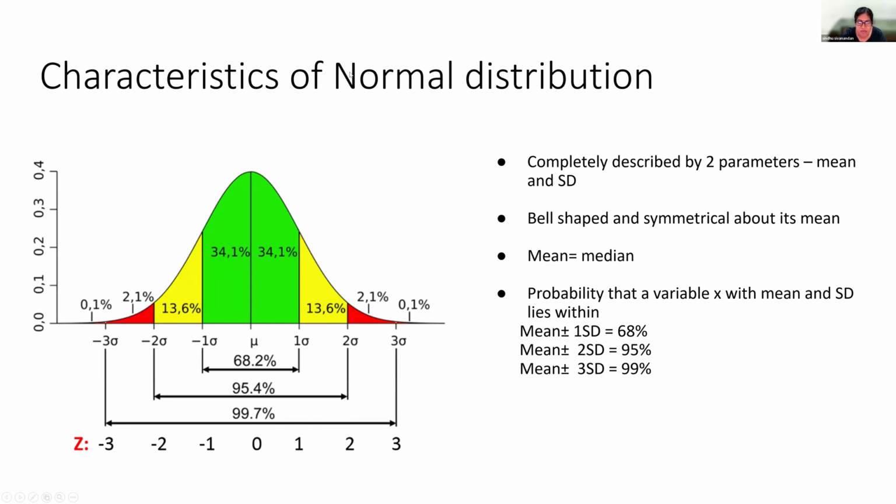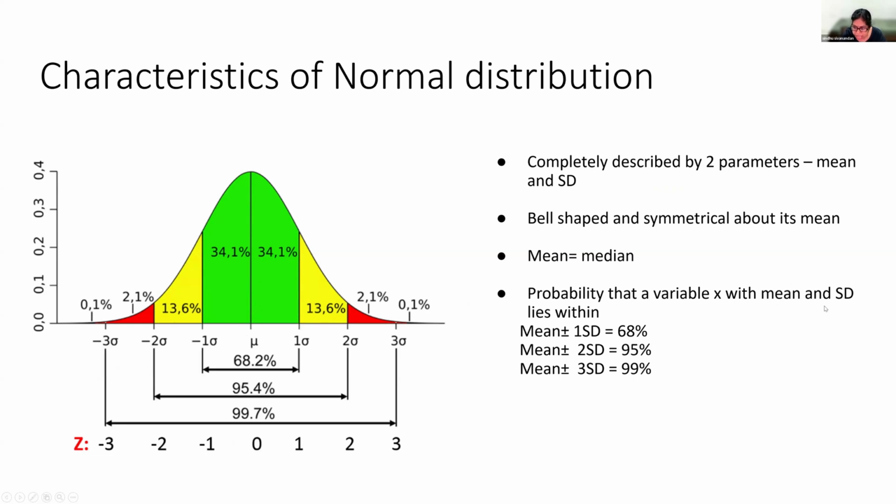What is the characteristic of a normal distribution? Normal is written with a capital N. It can be described by two parameters: one is the mean, the second is the standard deviation. In a normal distribution, the distribution is bell-shaped and it is symmetrical about its mean. Mean, median, mode are all the same.